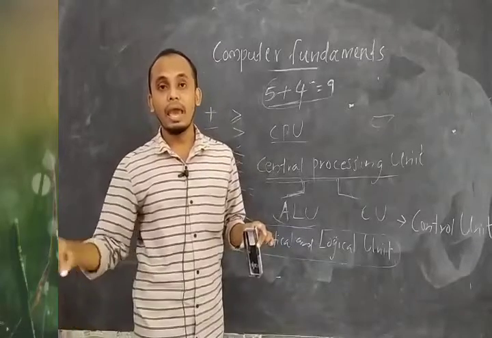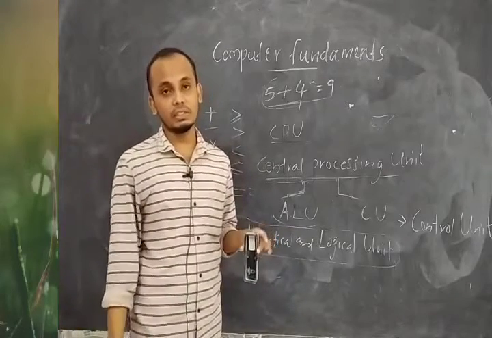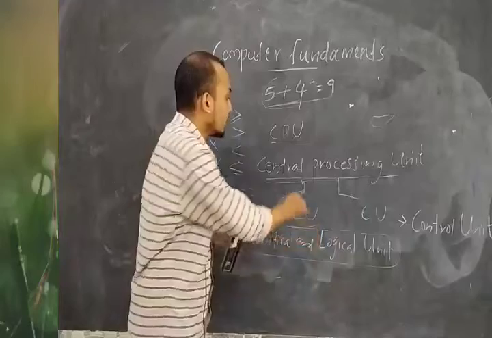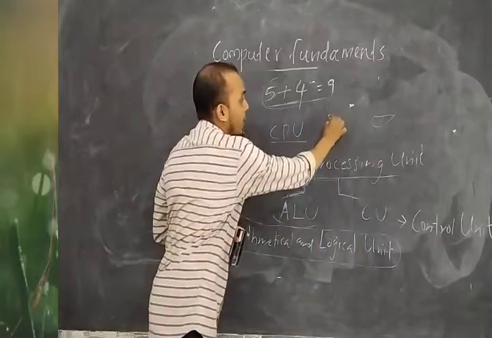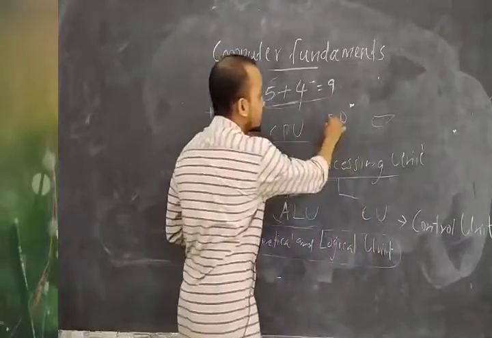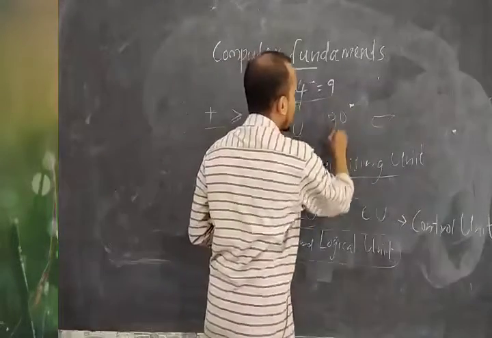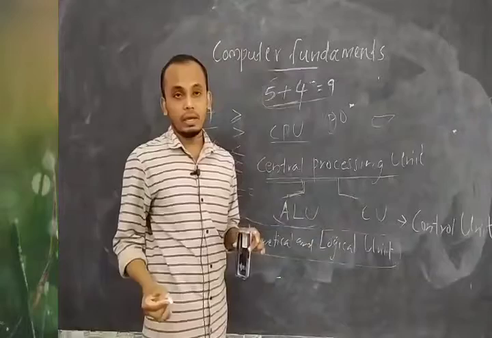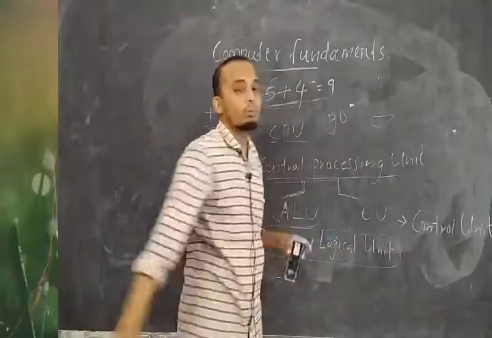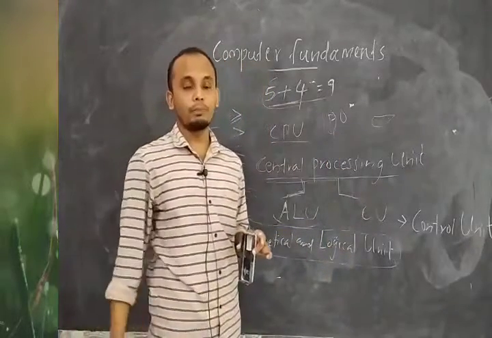To memory, and then to output devices. Mainly three parts are there, IPO, and in between this IPO there is a memory part also. That memory part we can consider as part of the processor or CPU.